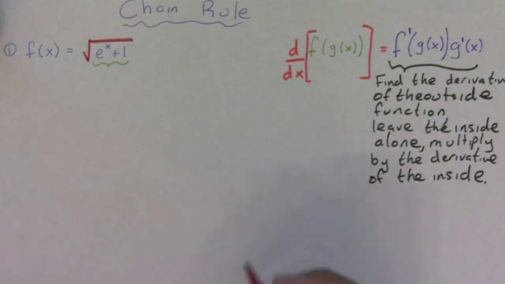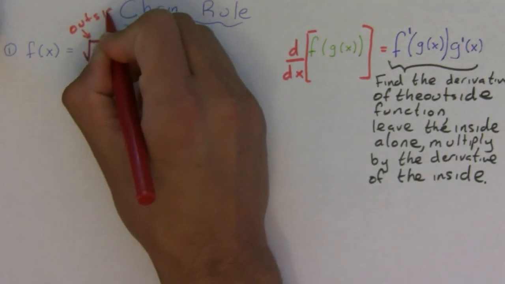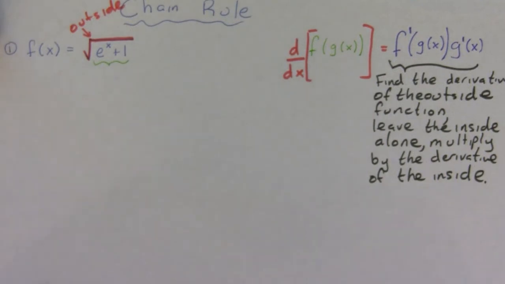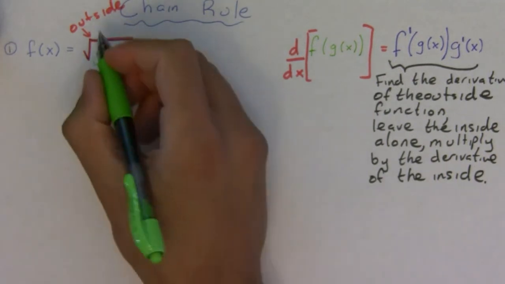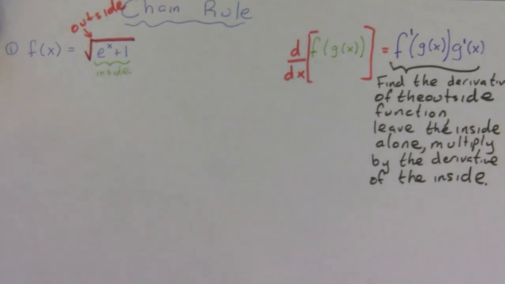So this is what we mean by outside and inside function. This is the outside, and then this is the inside.